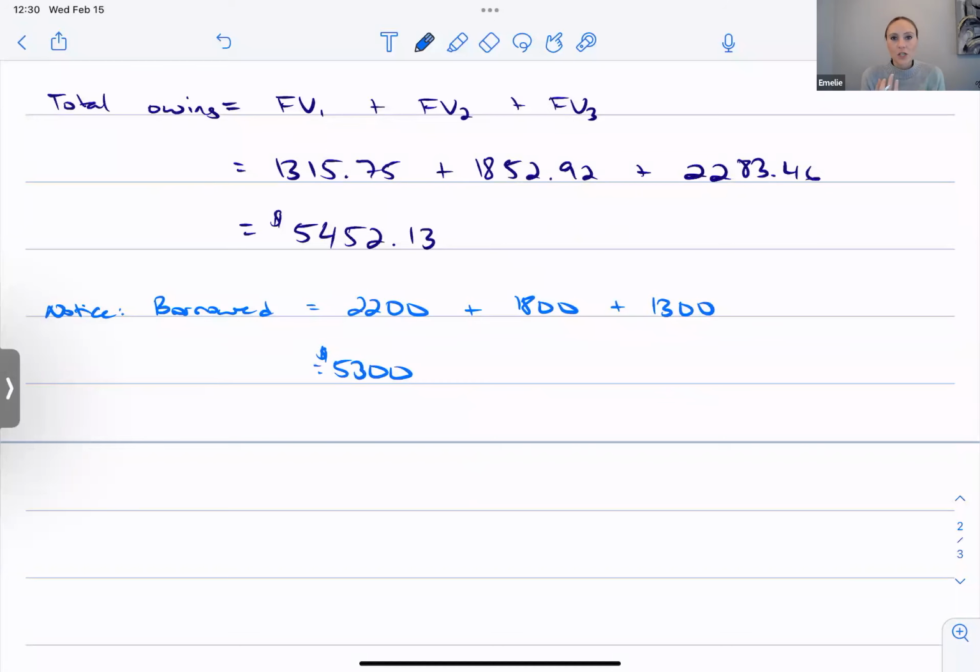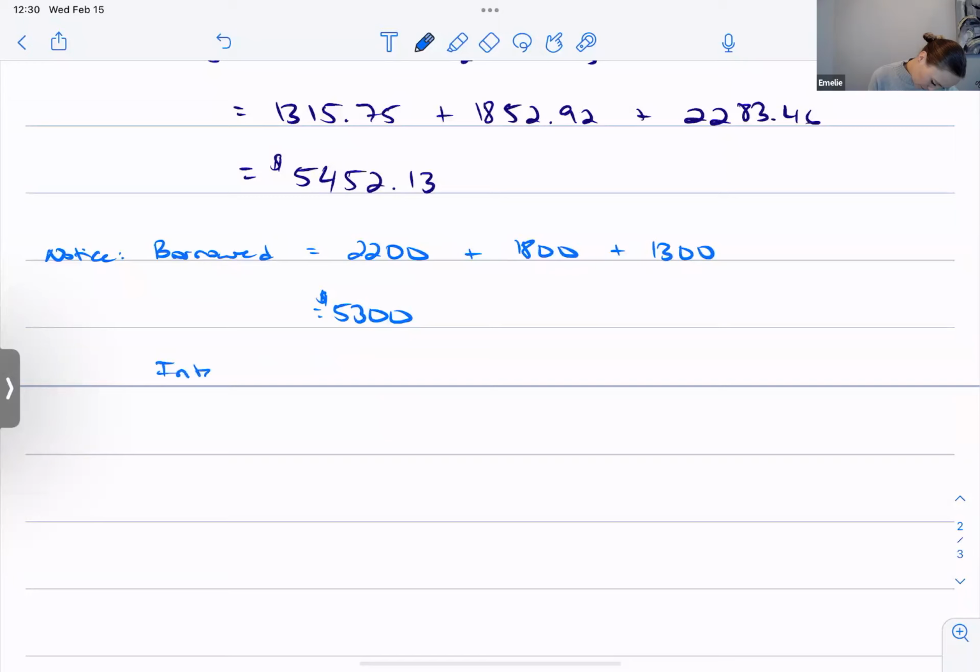But then how much interest did she pay? Oops. Interest paid is $5,452.13 minus $5,300.